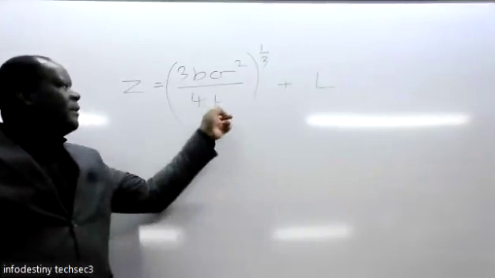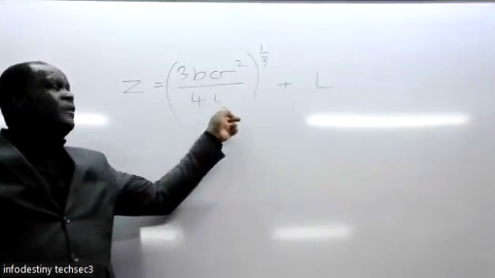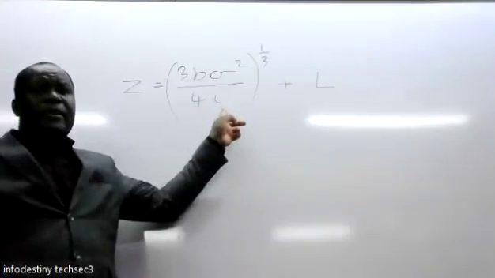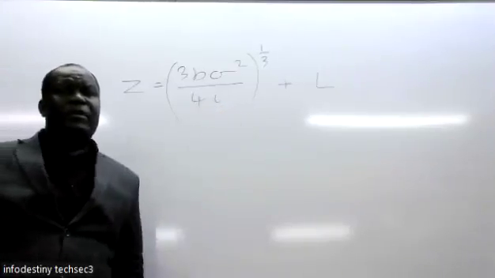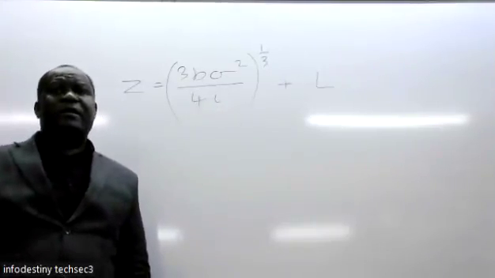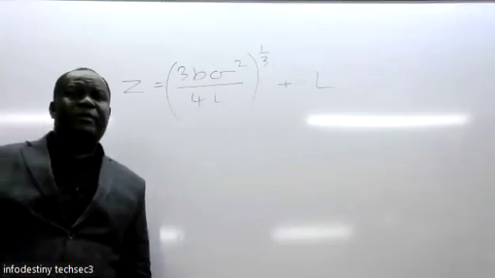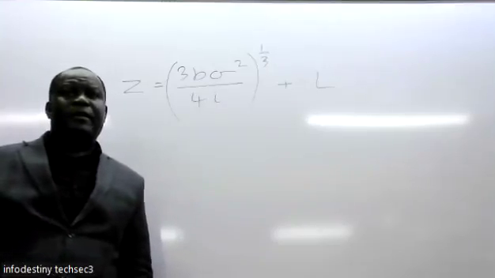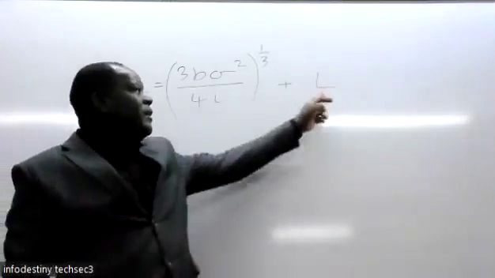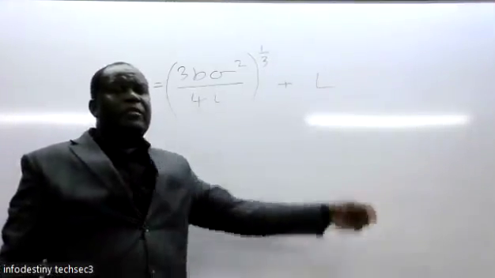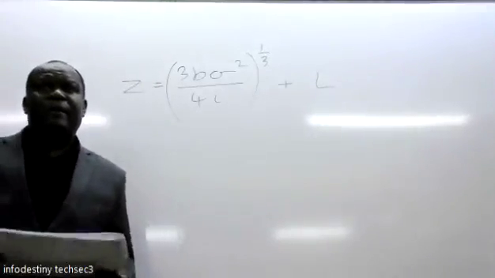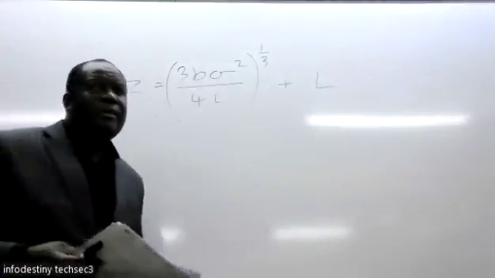Then there is this I, which is the daily interest rate on the marketable securities. Then L is the minimum cash balance.